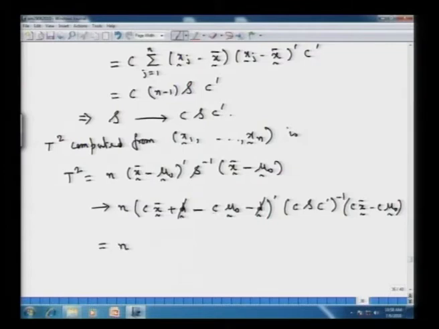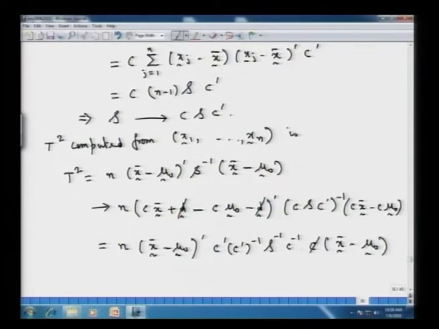Now, what is this equal to? This is n times, where this C can come outside with a transpose, and what we will have here is x bar minus mu naught. So, this C transpose comes here, and then we have C transpose inverse, S inverse, C inverse, and then C from this side as well, times (x bar minus mu naught).